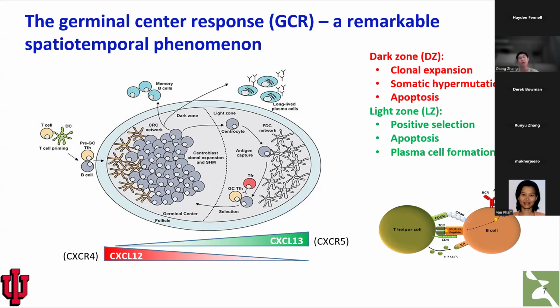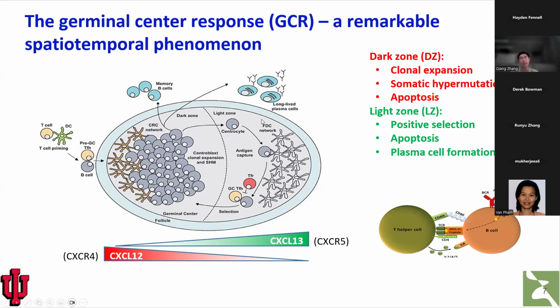So sometimes if the mutation is causing a formation problem of the antibodies, then those cells will also go through apoptosis. But if the mutation is kind of benign, that means it only varies the affinity of the antibodies, nothing else, then these B cells, after they stop proliferating, will migrate back to the light zone again.